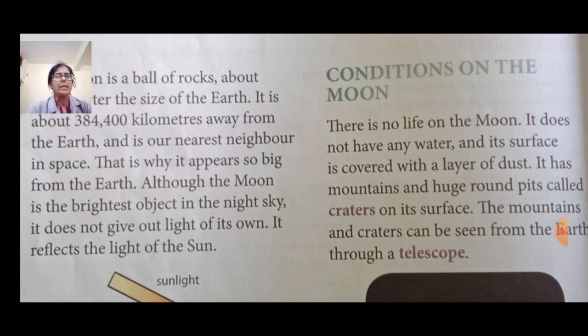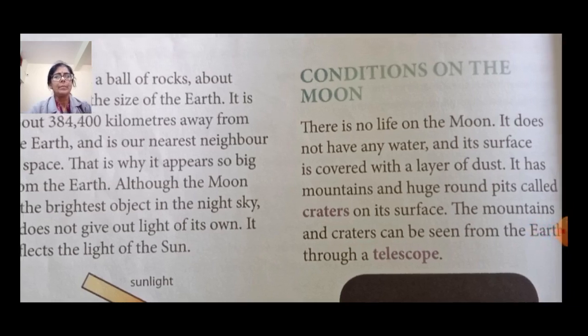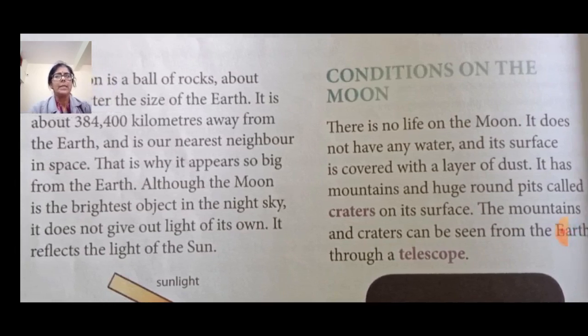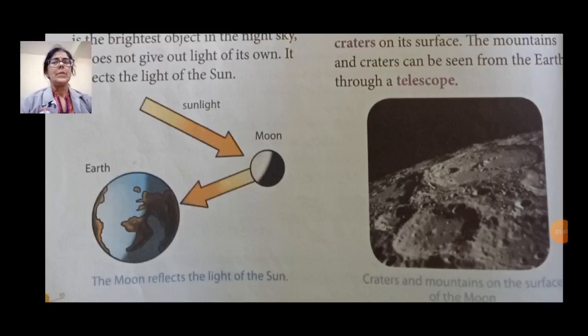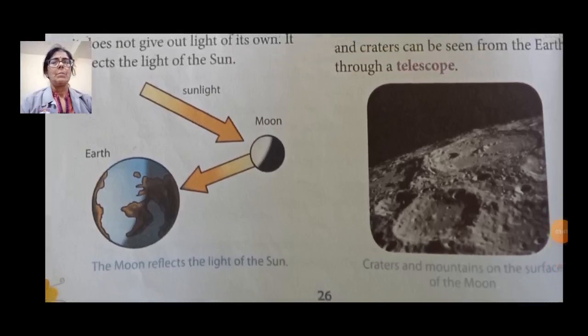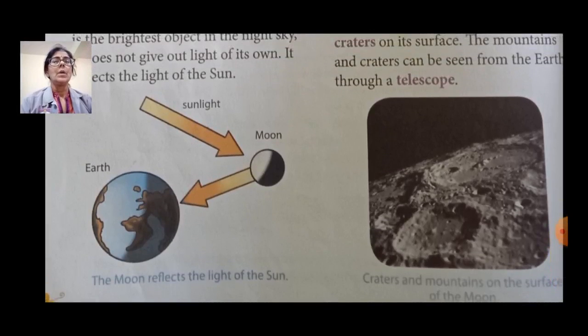The mountains and the craters can be seen from the earth through a telescope. Here, picture on the page number 26 of your textbook. This is how the moon looks from the space, right?